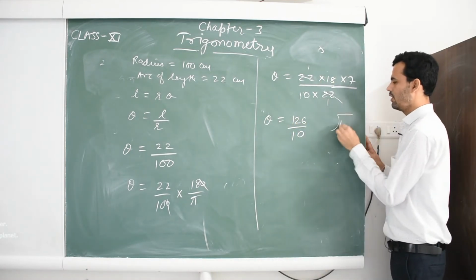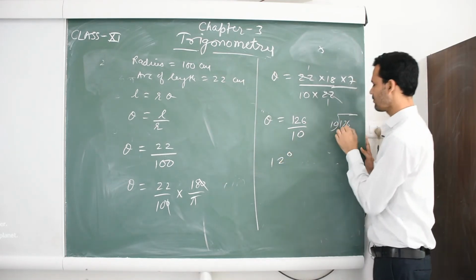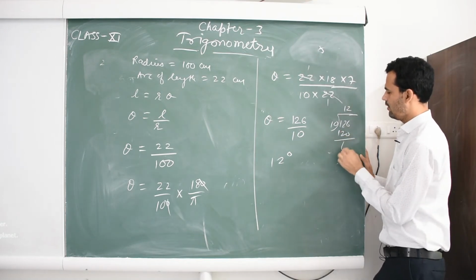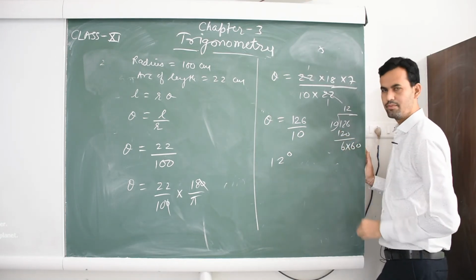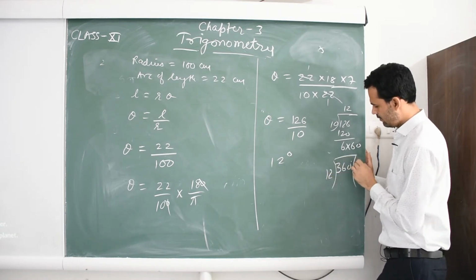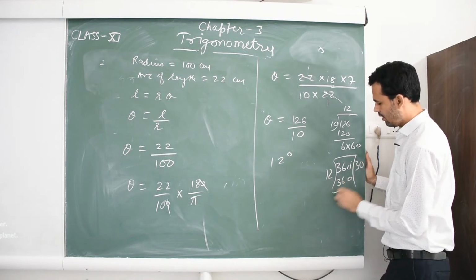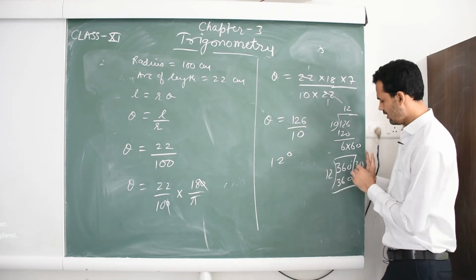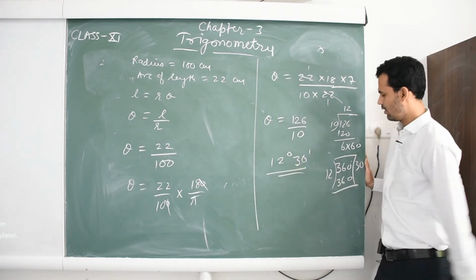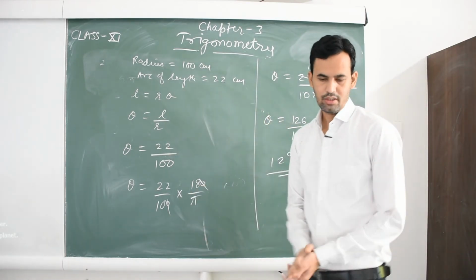Now we divide this 126 by 10, so we get 12 degrees, 12 times. Then we get 6 into 60, so we get 360. Again 360 divided by 12, 30 times. So 360 means 30 minutes. So this is all about this question.